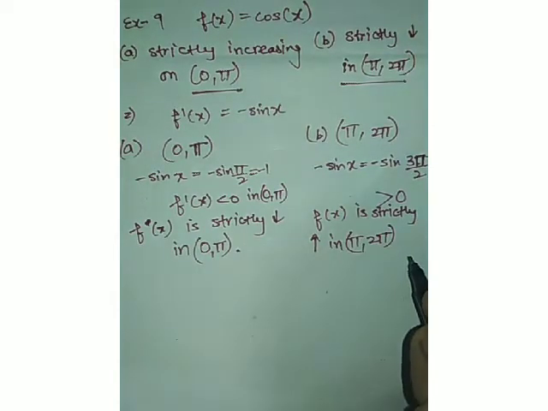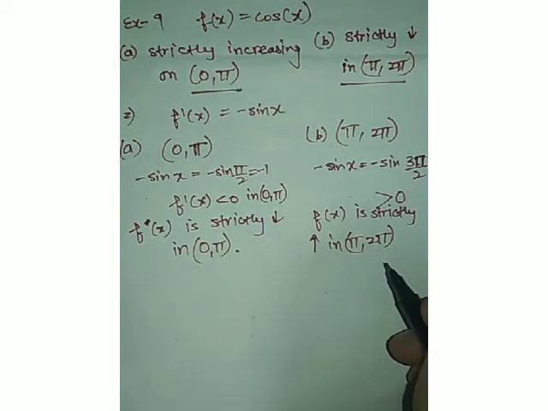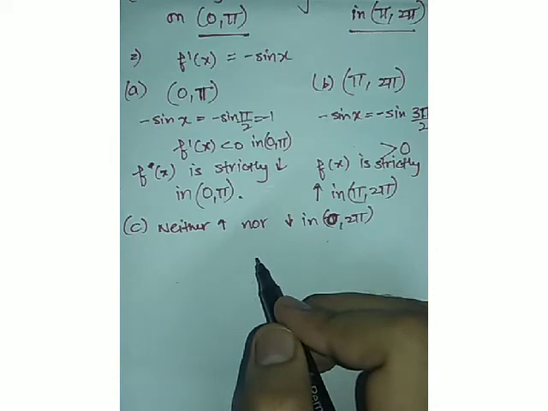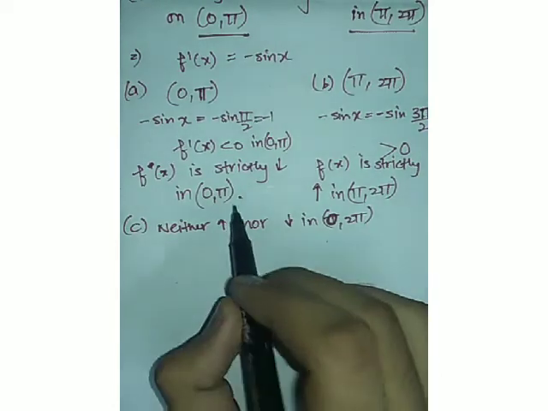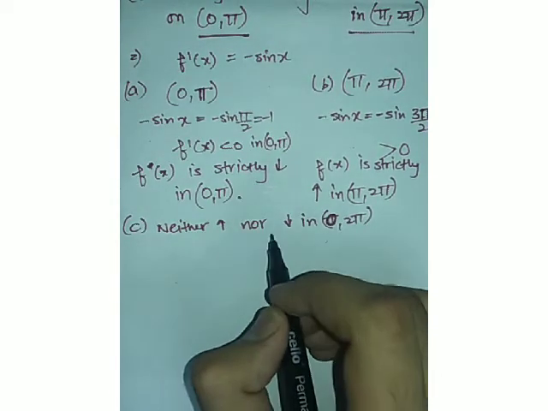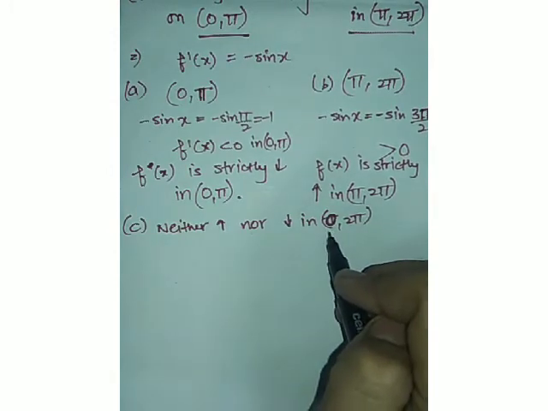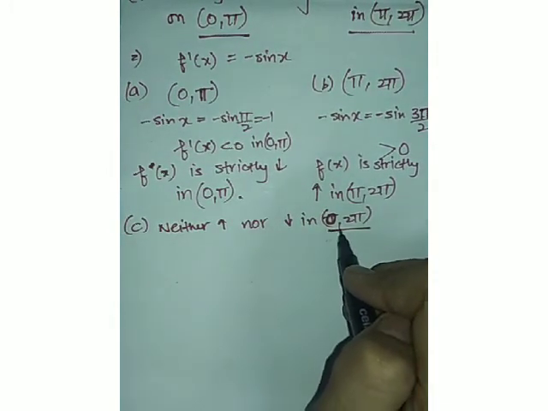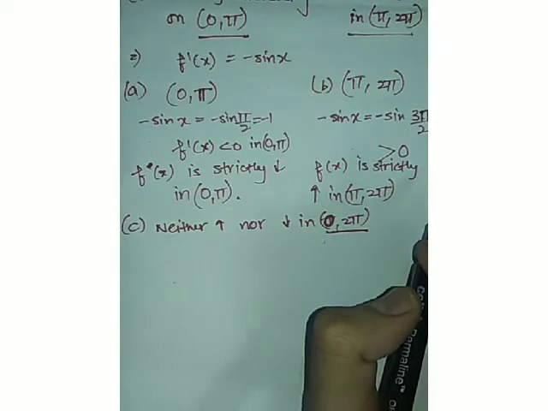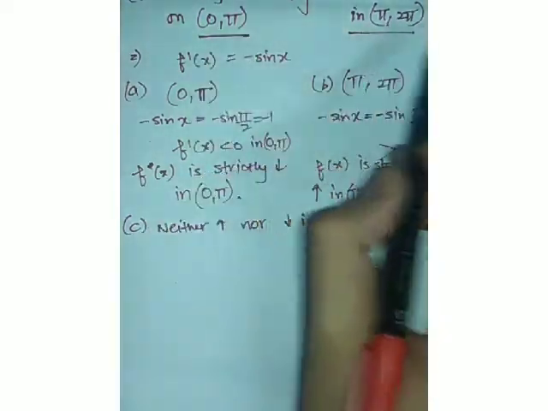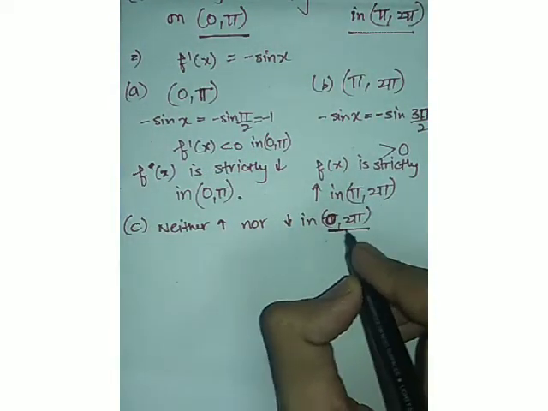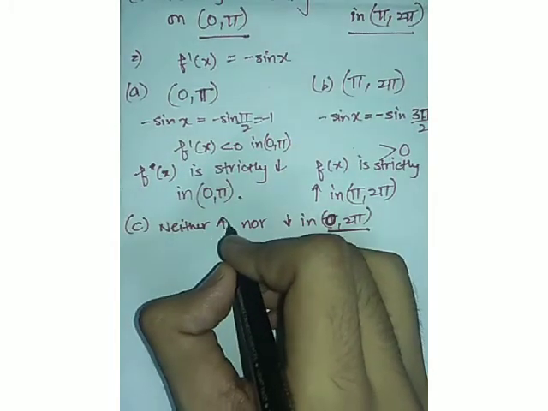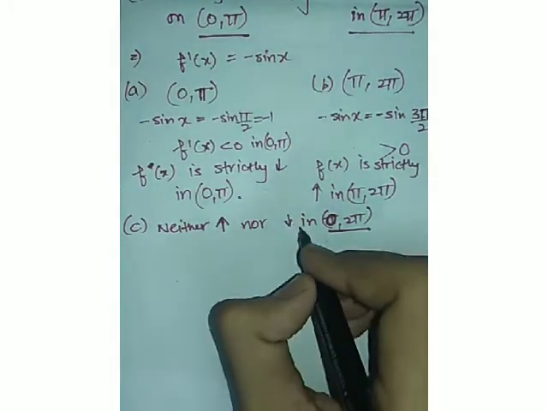Now let's have a look at the C part. What is the C part saying? In the C part, we have to prove that it is neither increasing nor decreasing in the interval 0 comma 2 pi. Now we have taken two intervals, 0 pi and pi 2 pi, but here we have to take the interval 0 comma 2 pi and prove that it's neither increasing nor decreasing.